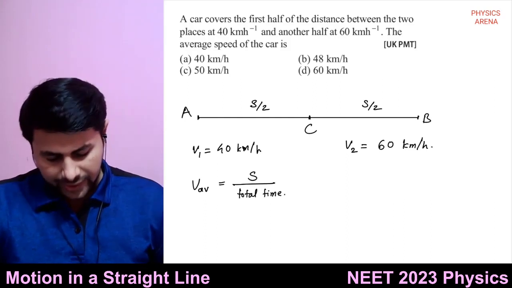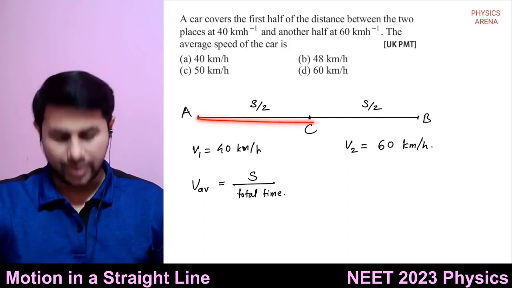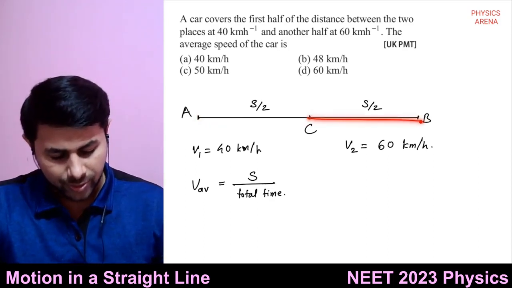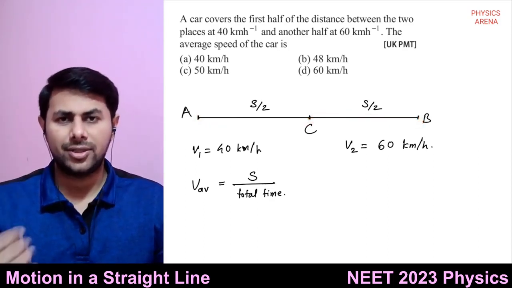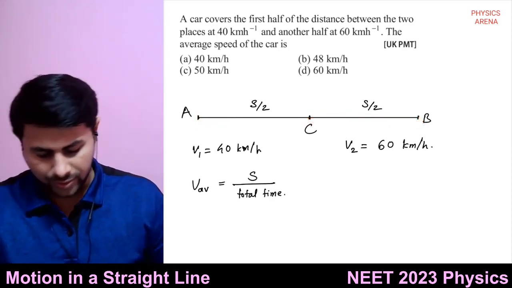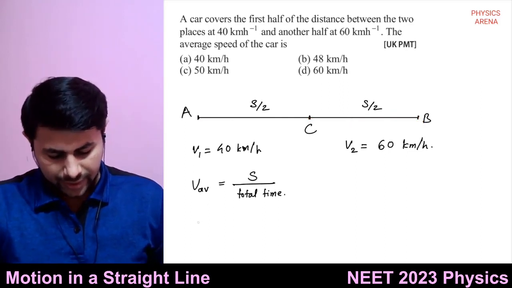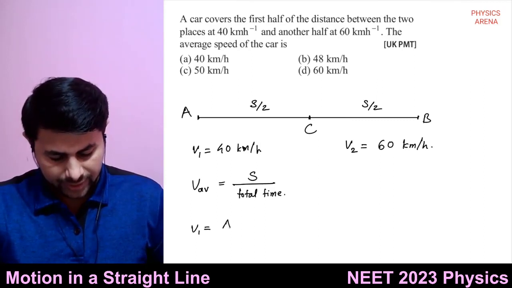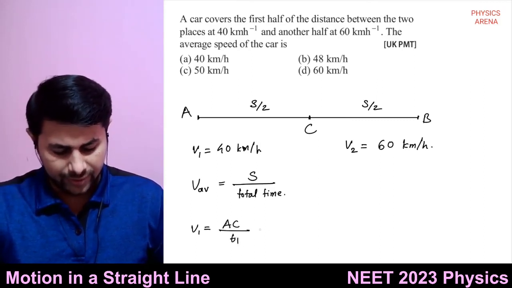This car takes, let's say, time t1 to move from point A to C and time t2 to move from point C to B. For the first distance, V1 is equal to distance AC divided by T1.